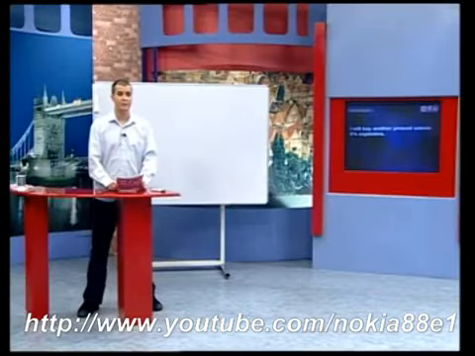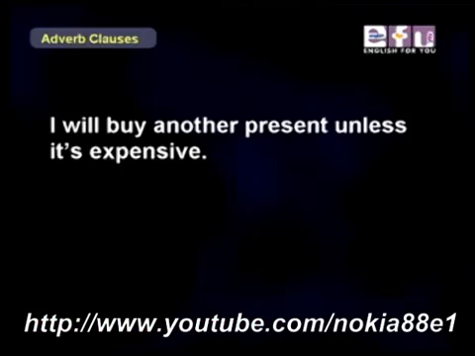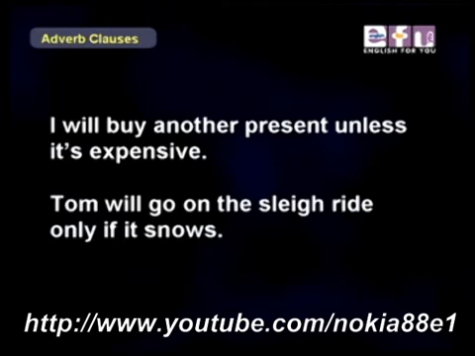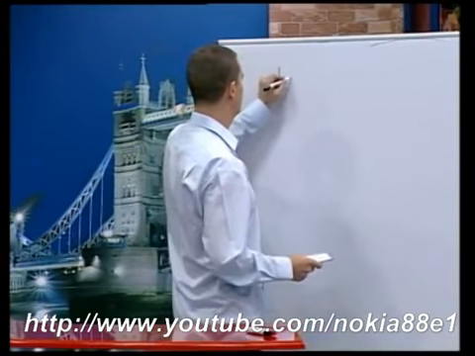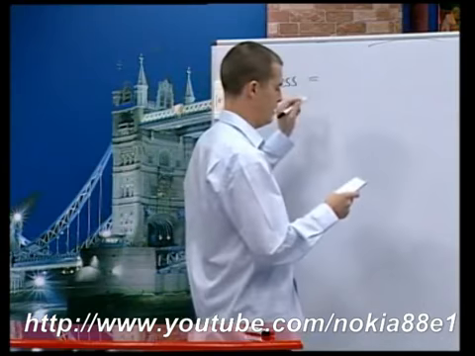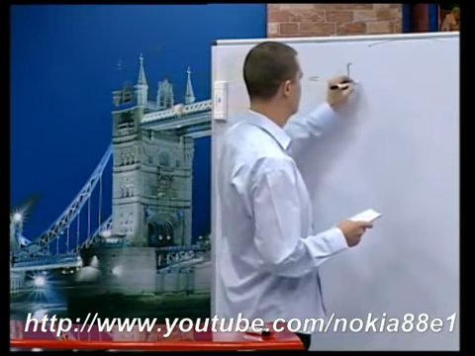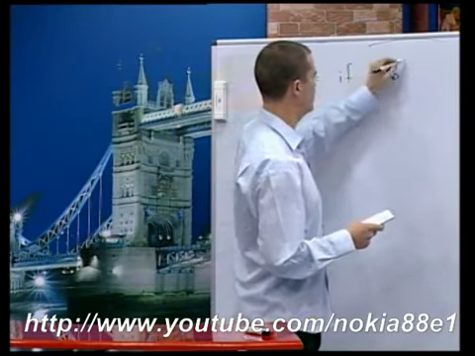And now let's look at two more adverb clauses of condition. Here are some examples. I will buy another present unless it's expensive. Tom will go on the sleigh ride only if it snows. Well, unless means if something or if not.